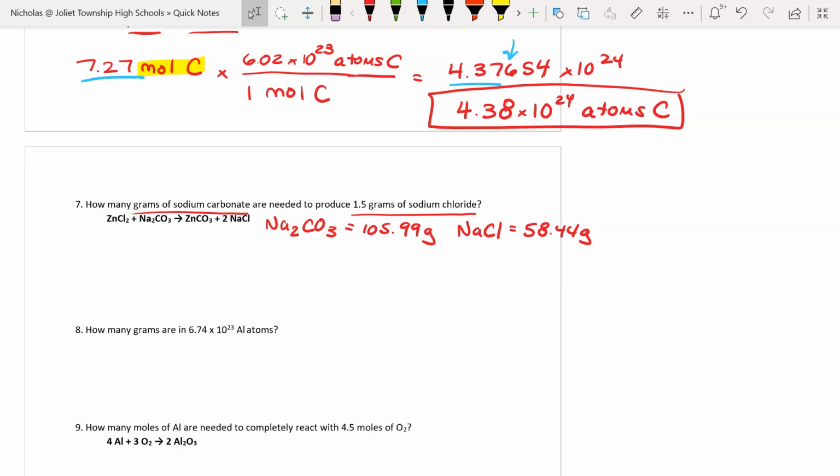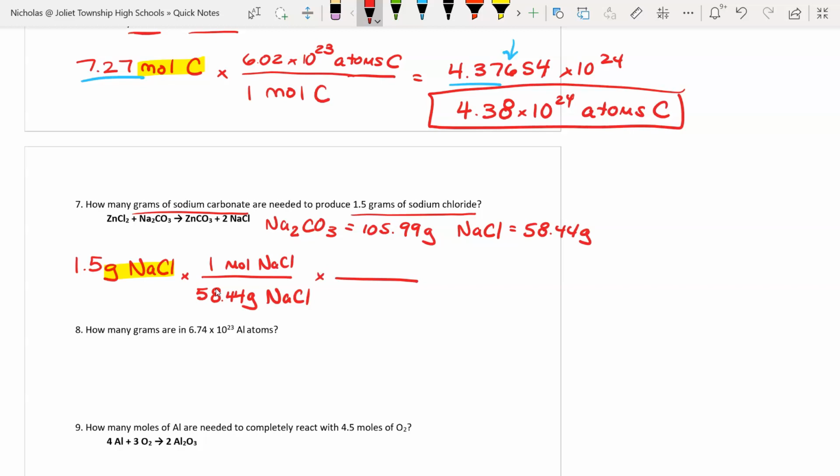Okay, so let's go ahead and start out with what we're given, which is 1.5 grams. Since grams are in our given, those grams need to go in the denominator. So this is going to be our molar mass. Anytime we go from grams to moles, we use the molar mass. So 58.44 grams of sodium chloride, and that's how many grams are in 1 mole.